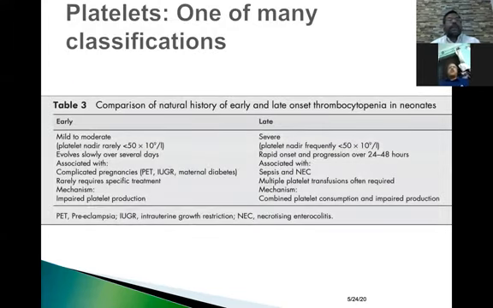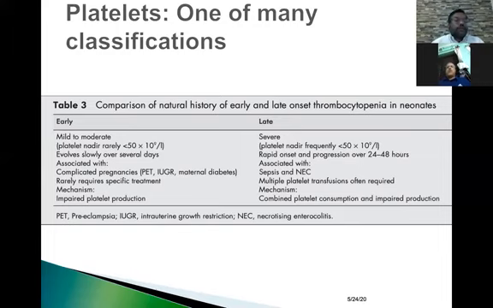There are many classifications of thrombocytopenia, but I feel this is a good, clinically relevant classification, where you classify thrombocytopenia into early onset and late onset. Early onsets are generally mild to moderate. Platelets do not drop significantly.